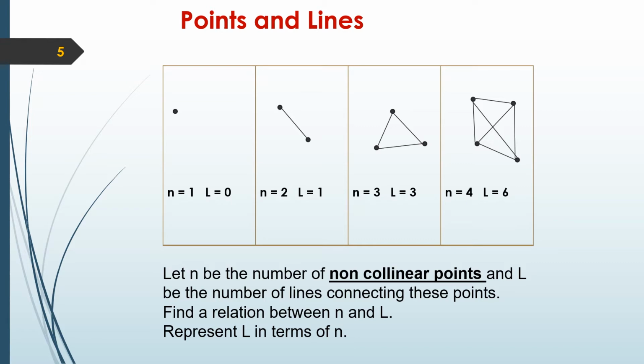And then we can ask them to tabulate their findings and find a relationship between the number of points and the lines connecting them. Ask them to represent L, the number of lines connecting the non-collinear points, in terms of N, the number of non-collinear points.